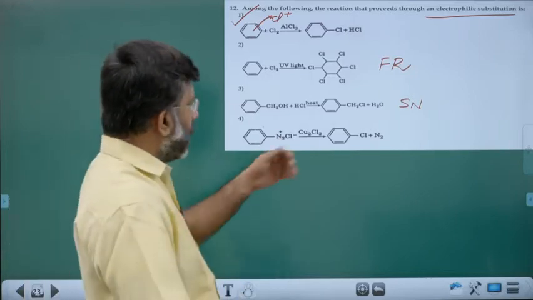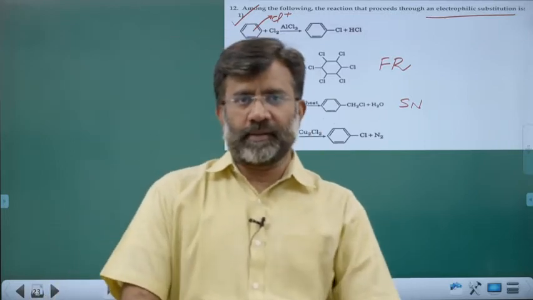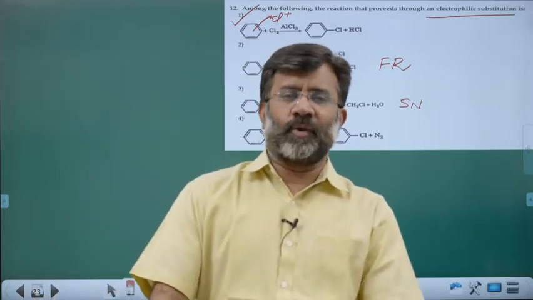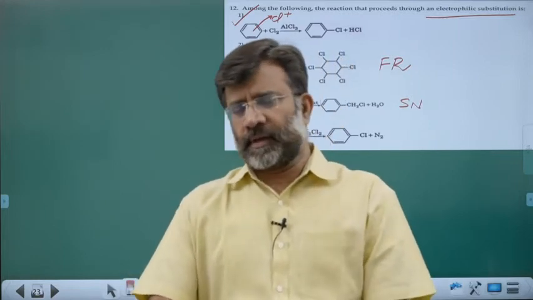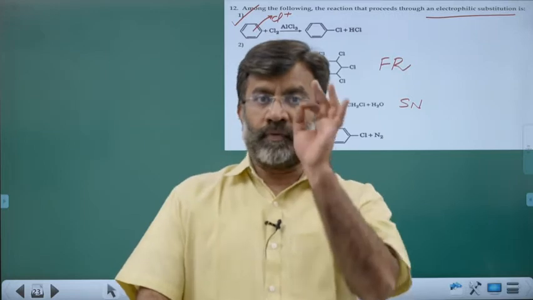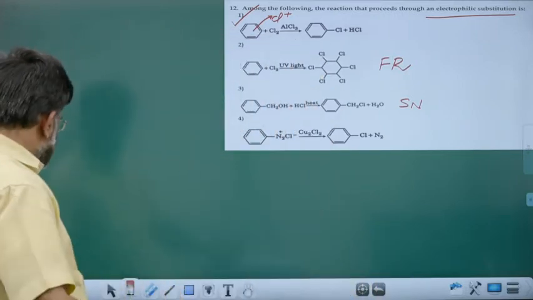This is, I think all of you know, Sandmeyer's reaction. Very famous Sandmeyer's reaction. You are learning it in the 12th standard topic. Sandmeyer's reaction also proceeds via a free radical mechanism. Okay. So the answer is the first choice. Next.